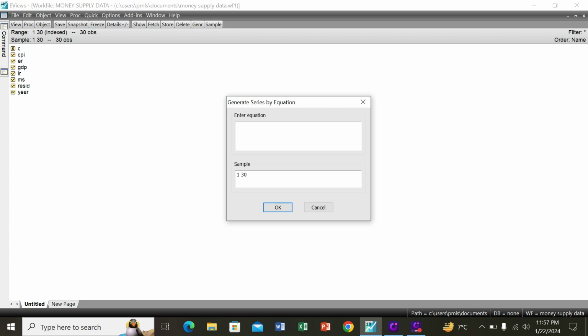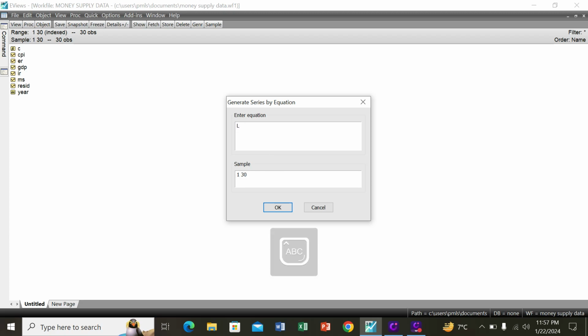In order to convert these variables one by one into the log form, first of all write l, let's say lms, log of ms. Any name you can give, or you can write it as ln with a small ln ms. It's your choice.